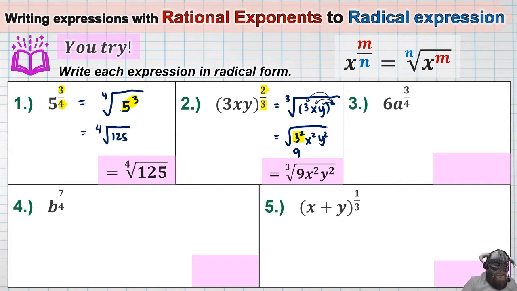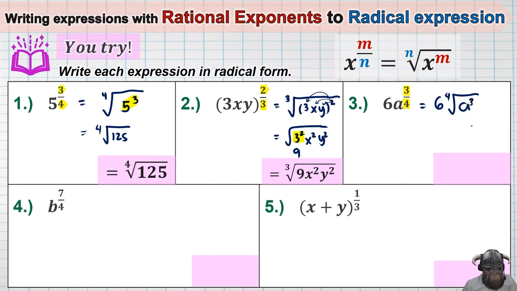Okay, let's go to number 3 naman. We have the given 6 times a raised to 3 over 4. So, once again, ang naka-raise lang sa rational exponent which is 3 over 4 is yung ating a lang. So, magiging 6 yung nasa labas, and then let's have the radical sign. A will be the radicand, 4 will be the index, and then 3 will be the exponent of a.